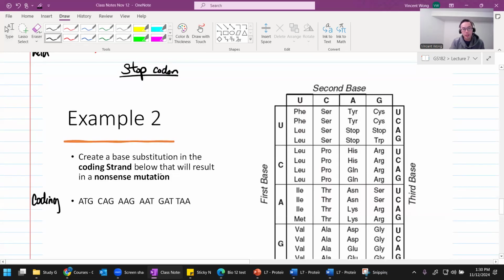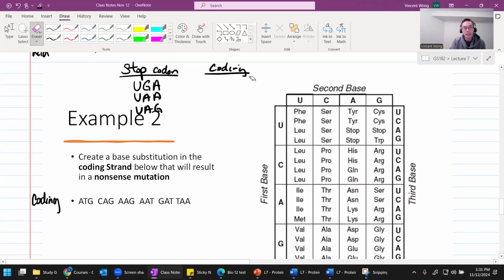For nonsense mutation, we need to have a stop codon, which would be UGA, UAA, or UAG. But these are on the RNA, and we want to do it on the coding strand. So how do you convert these into coding?